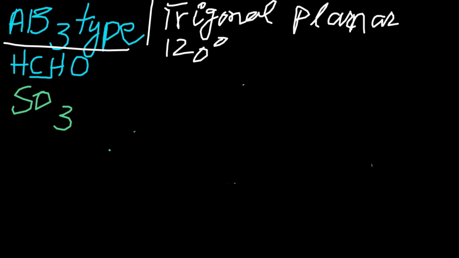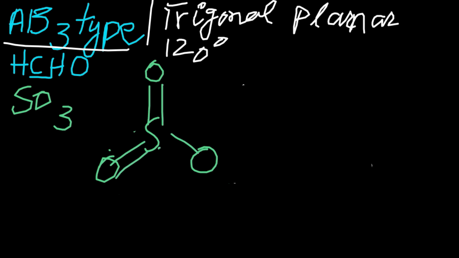Why does sulfur have 6 electrons? You have to find out using the method I have discussed at the start of the lecture. So 3 oxygen atoms are arranged around the sulfur atom, and they are making double bonds with sulfur, and this kind of geometry is trigonal planar with bond angle of 120 degrees.